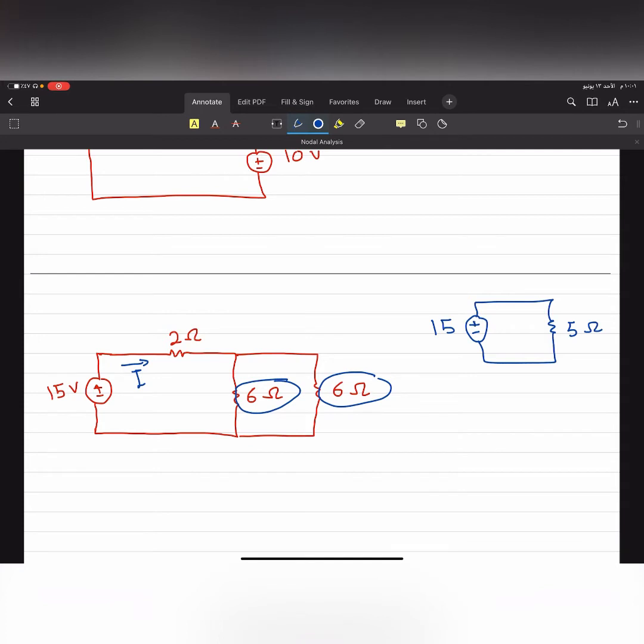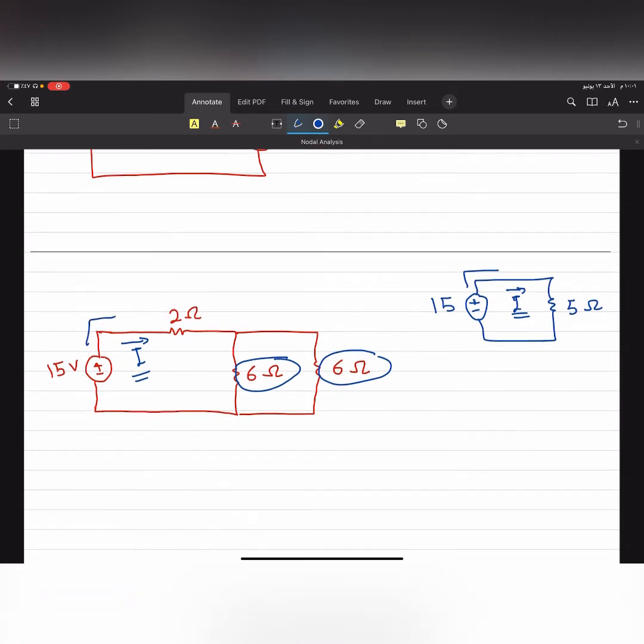So the current passing here is the same as this one because I didn't change the current which is out of the battery. So these two currents are the same. So using Ohm's law again, 15 over 5 is equal to 3 amps.